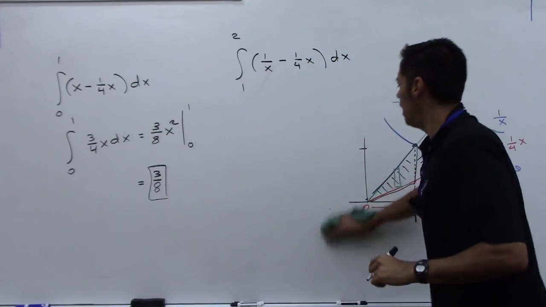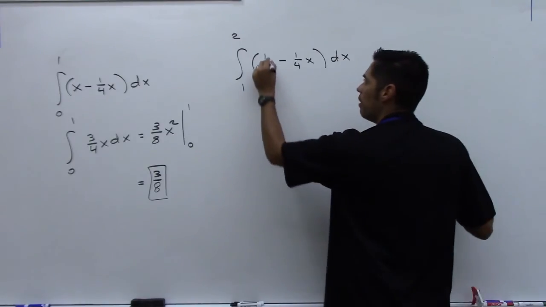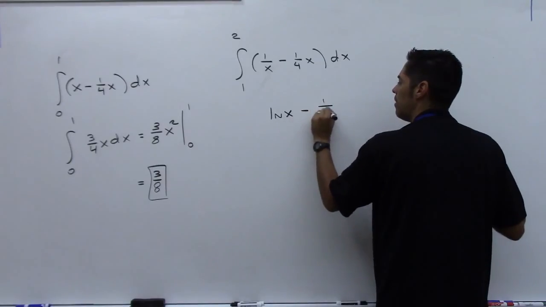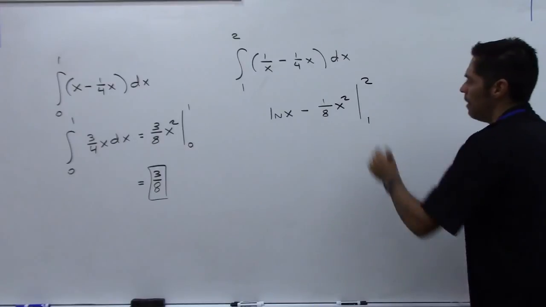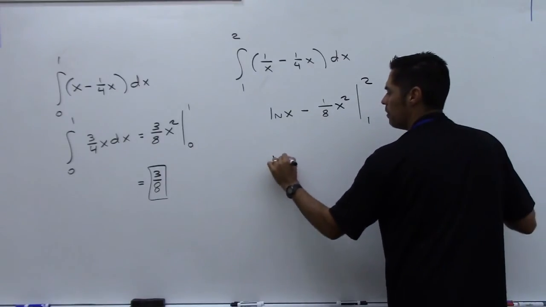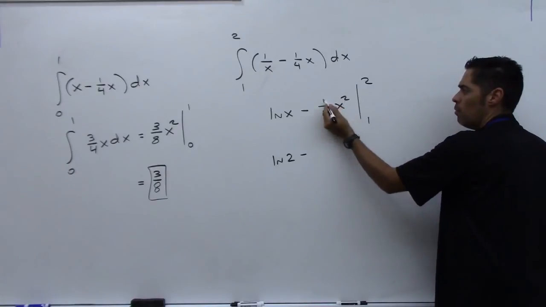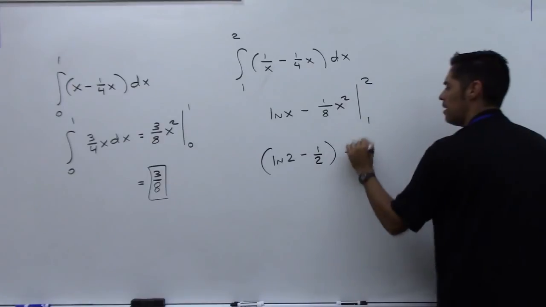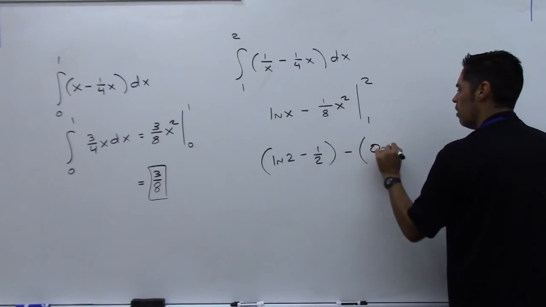And now we go ahead and take the antiderivative. The antiderivative is natural log x minus 1/8 x squared, evaluated 1 to 2. If I plug 2 in, I get natural log of 2 minus, let's see, 2 squared is 4, 1/8 times 4 is 1/2. Minus, now if I plug in 1, I get natural log of 1, which is 0, minus 1/8.